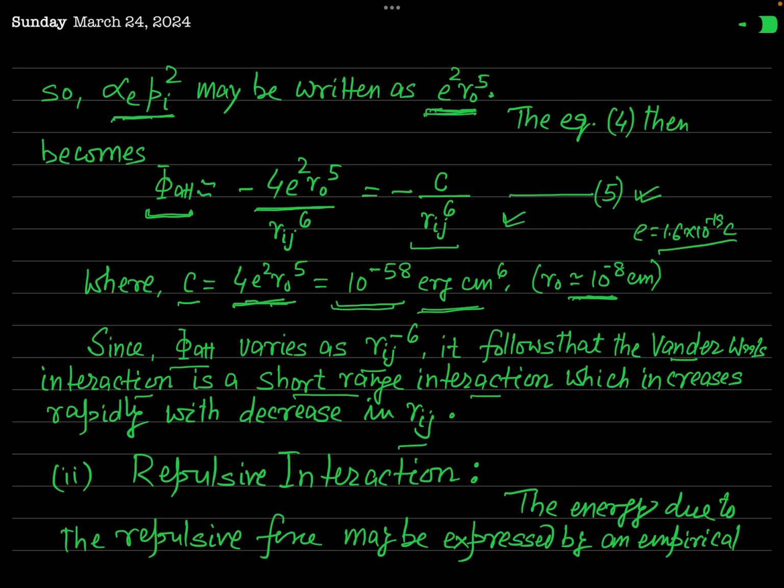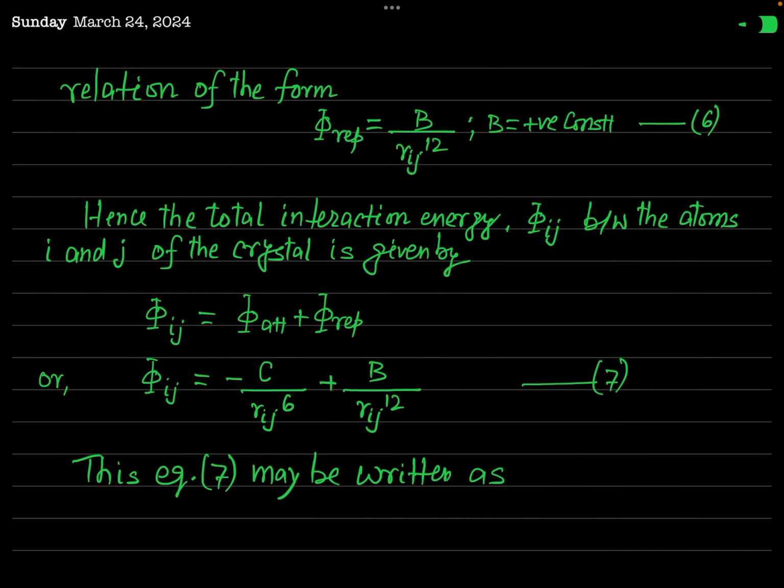And the energy due to this interaction may be expressed as a power law of the distance. Actually, in this case, it is found that the energy due to the repulsive force is empirically expressed as phi repulsion is equal to B over Rij to the power 12.